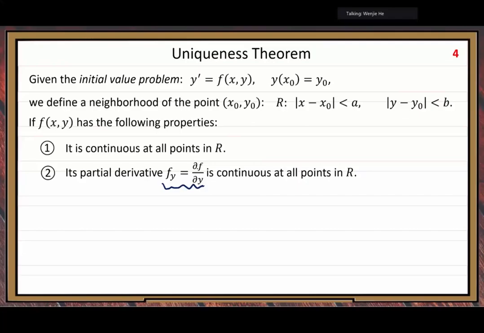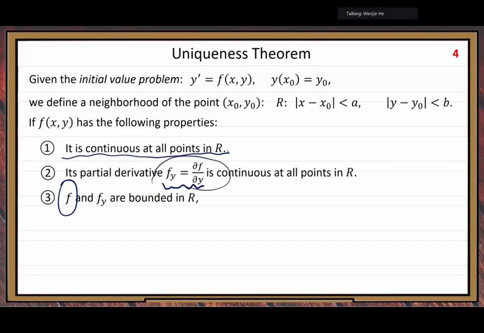So this is the extra condition for uniqueness. Then the third one, bounded. f is bounded, the same as in the previous theorem, but the extra condition, the second condition, and this part: the partial derivative f sub y is also bounded in R.